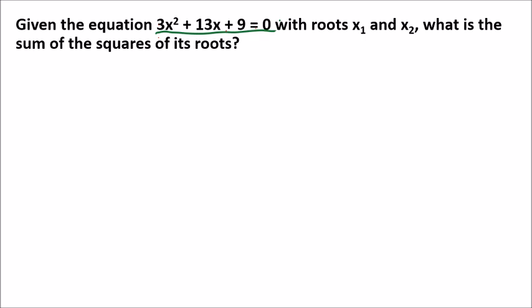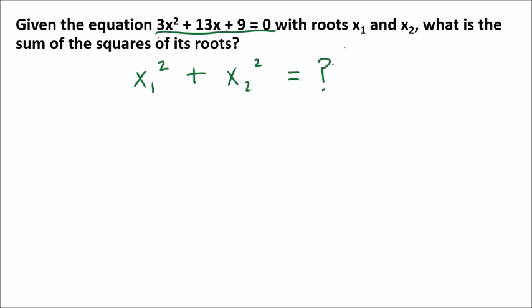Well, let's break it down first. Let's figure out what the question is asking. The sum of the squares of its roots. When you square a root, that's just x sub 1 squared and x sub 2 squared, right? The sum of that. So put in an addition sign right here, and that's what we're looking for.